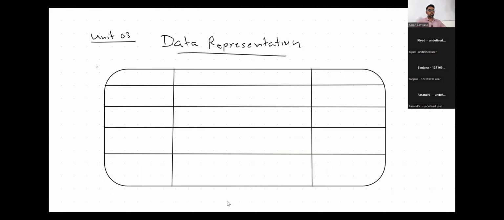Then why are we learning number systems? Because to understand how a computer is going to represent data, because it uses a different number system which is binary.